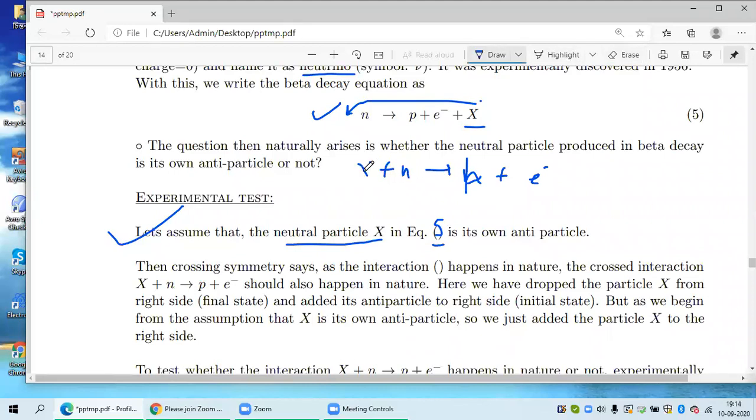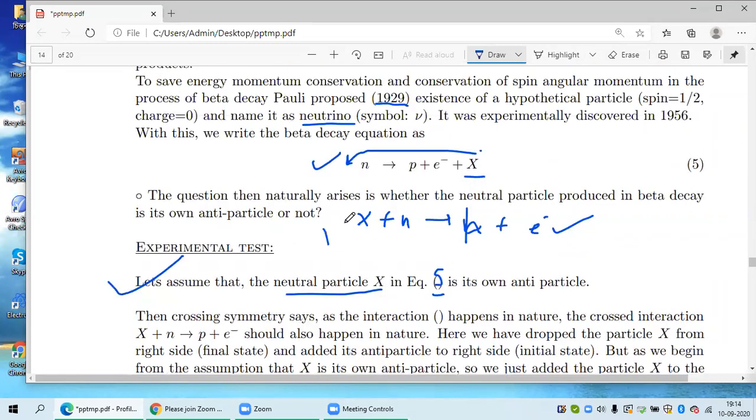So crossing symmetry and our assumption that X is its own antiparticle demands that this reaction should happen in nature, if beta decay happens, and we know that beta decay happens in nature. Clear, everybody?